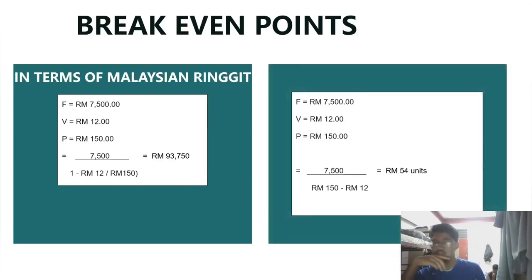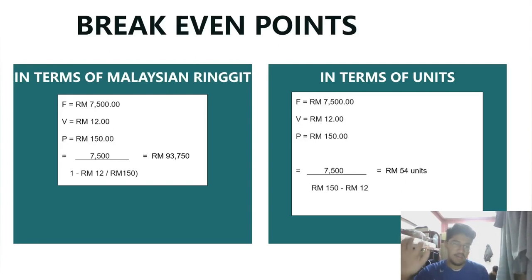Next is the break-even point, first in terms of Malaysian ringgit. F, which is fixed cost, is 7,500 ringgit. V, which is variable cost, is around 12 ringgit, and P, which is the price, is around 150 ringgit.